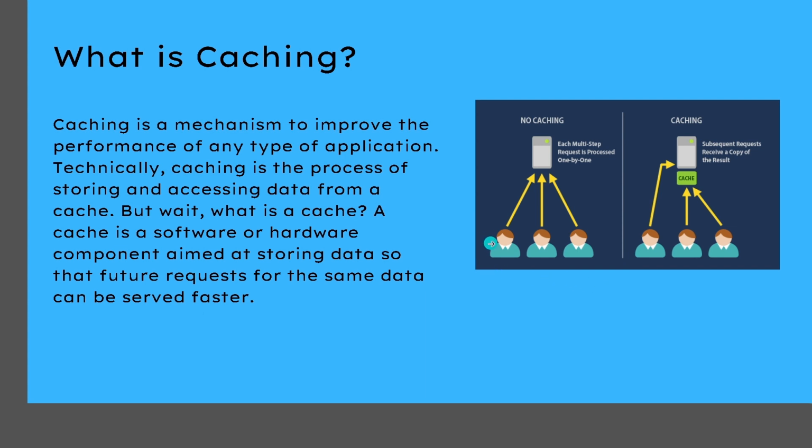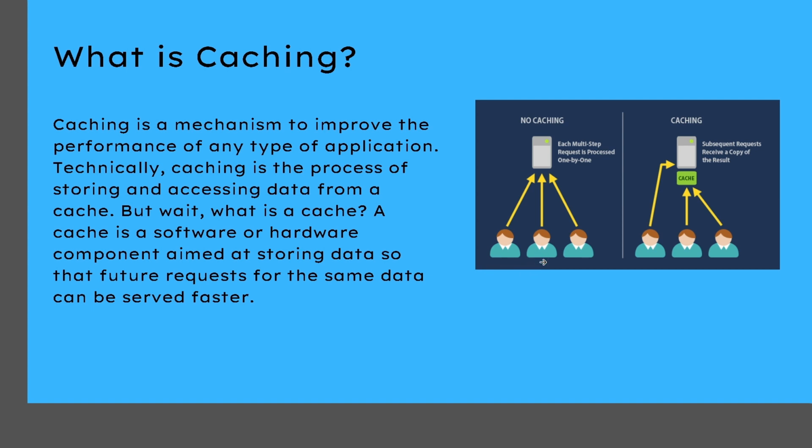You can see the same user is requesting his personal data from this device, and next time again it is requesting this server, and again it is requesting this server. When there is no caching, whatever request he makes the first time will hit the server, get the response, and he will get his personal details.